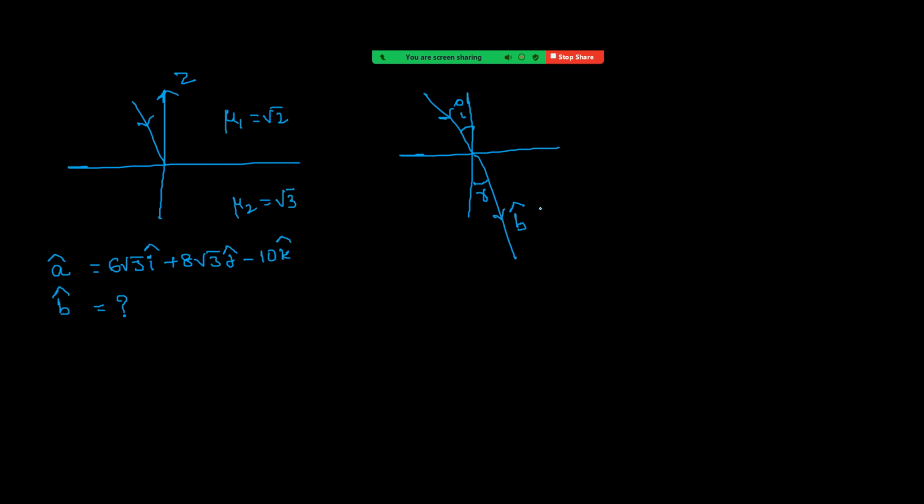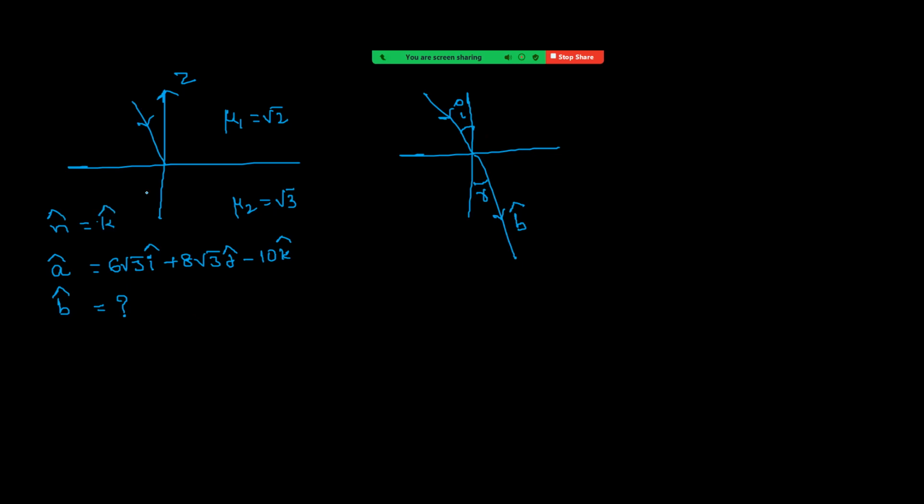Then we can take two components, along the normal and along the boundary. So first we should know what the R value is, and if you want to know R value, we should know what the I value is. So what we can do here, normal is now along the Z axis, that is Z axis, k cap.